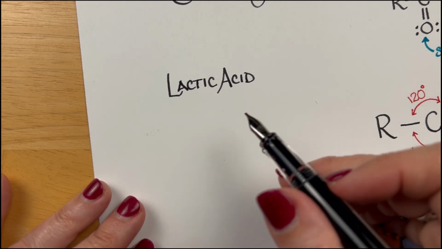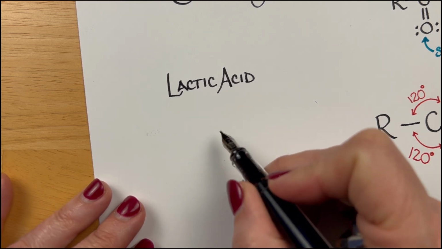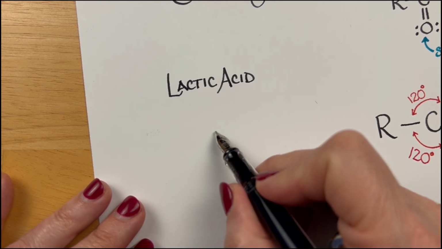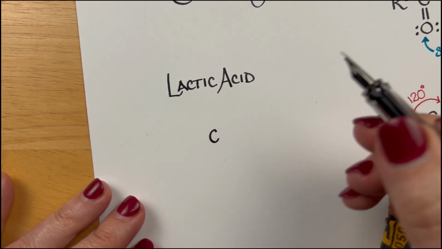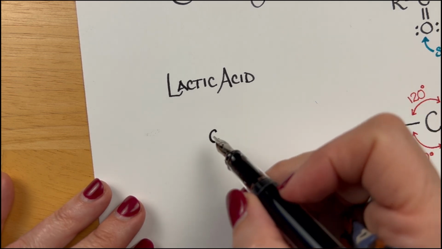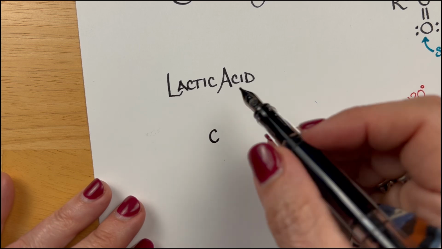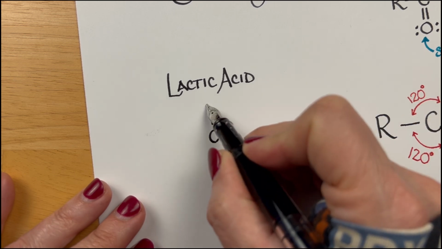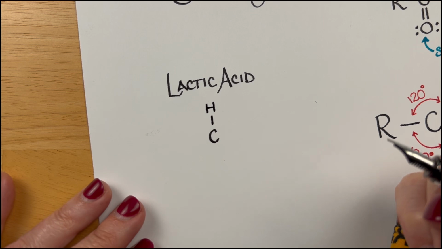Okay, so there's a couple ways we can draw this structure, and one of them is showing all the atoms. I'll do that first, where we have our R group here.